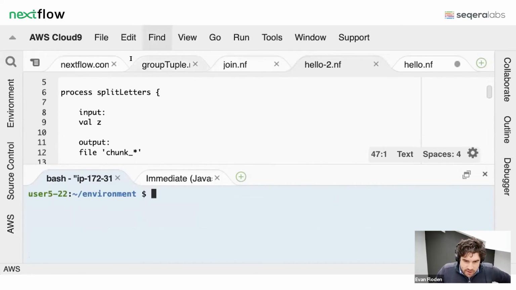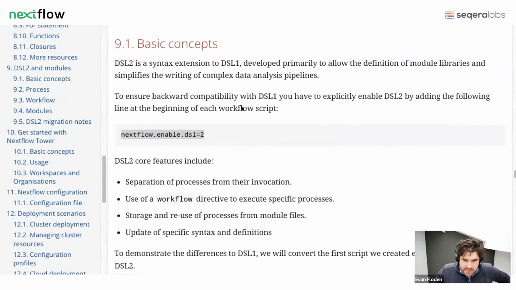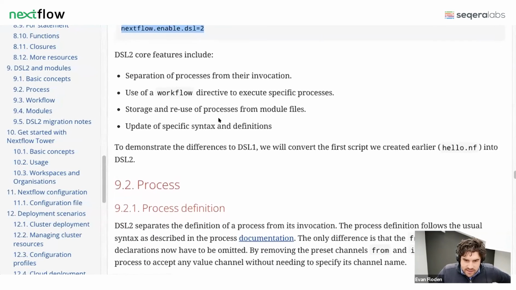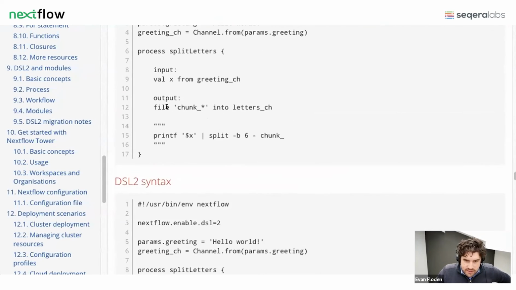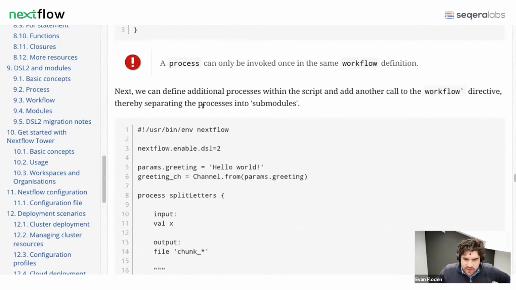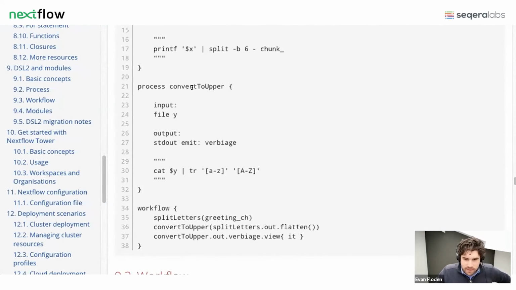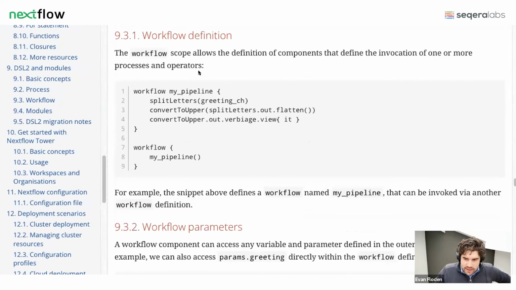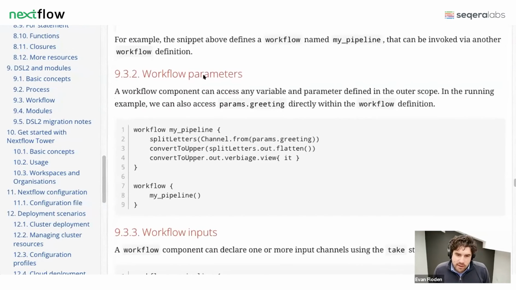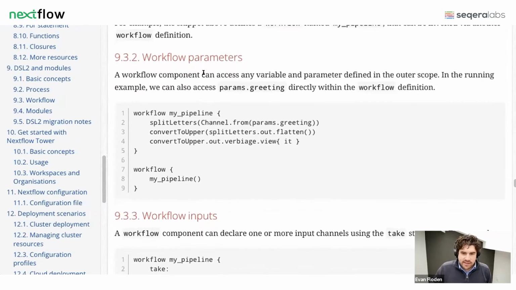So we've gone through here the basic definition of the processes, again, removing that syntax. We've seen how we can specify different outputs, how we can split this up, and the workflow definition. If you wish to access workflow parameters, so this is where you want to say, I want to access specifically my params.greeting, you can access them using params.greeting within the workflow definition as well.